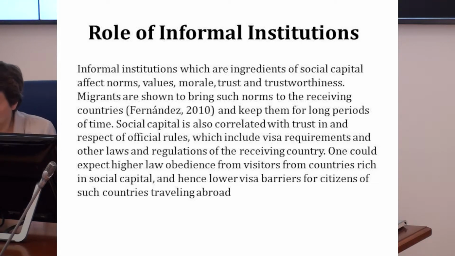And therefore, you can expect that if people come from a country where moral standards are high, where there is a culture of compliance of law, where people think that it's a bad thing to be engaged in bad behavior, it's less likely that such people would violate visa rules and laws and regulations in the destination country, and that would probably lower visa barriers for citizens of such countries traveling abroad.